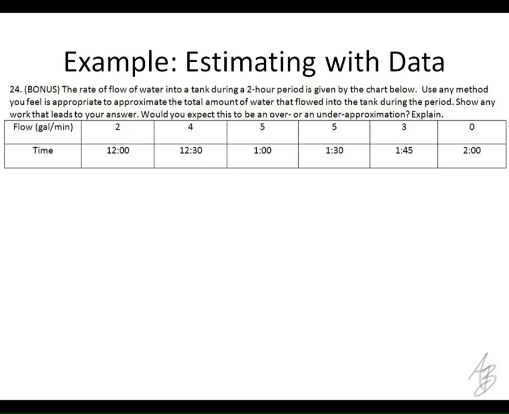The first thing I would probably do to do this, some people did it, some people did not, and like I said, a lot of people didn't even have time to do it. But the first thing I would do is just draw a graph of what's going on here. So since we're going from noon to 2 o'clock, I'm just going to call this axis T in hours.